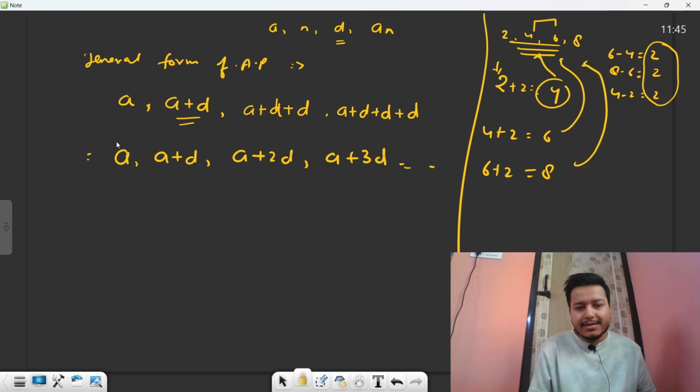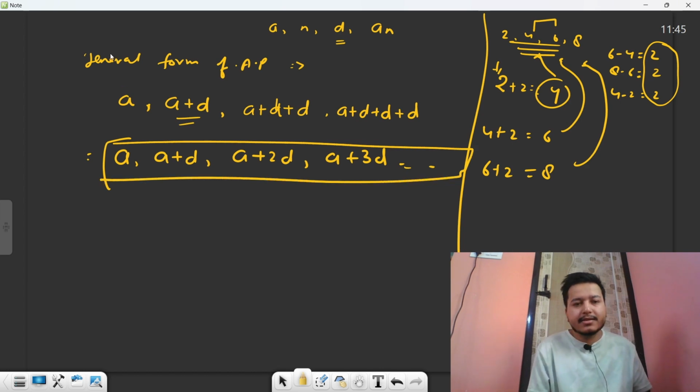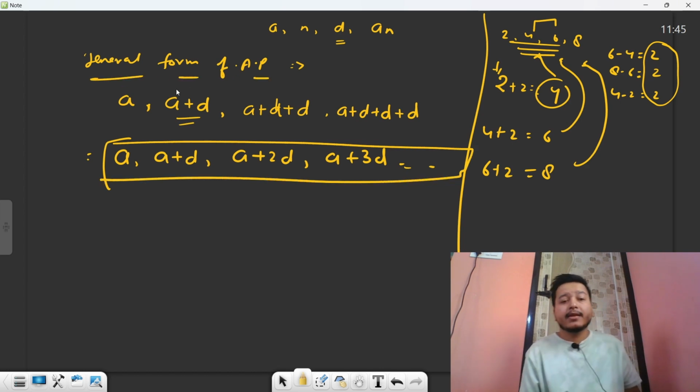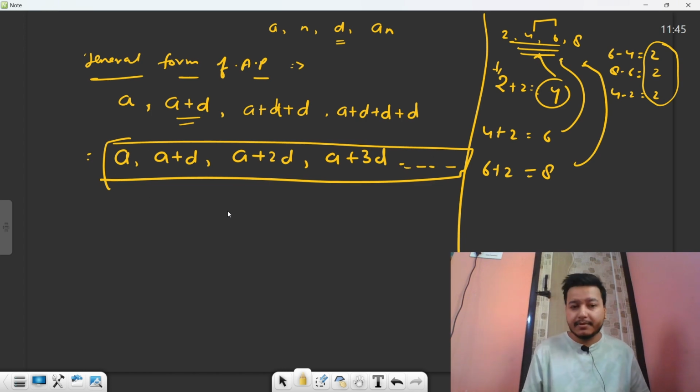So this is the form that is known as the general form of AP. The general form of AP is A, A plus D, A plus 2D, A plus 3D, and so on. This is known as the general term of an AP. And how can we find the general term? We have to just add the difference of the AP to every term.